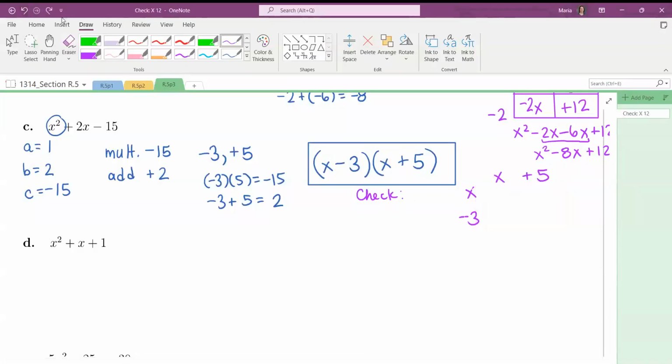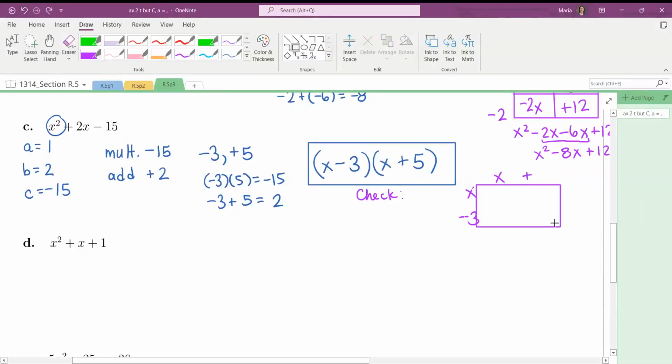Hang on, I need to get a new thing for my pen. So we had x minus 3, x plus 5, and let me draw in my boxes. And now I'm going to start multiplying the pairs together.